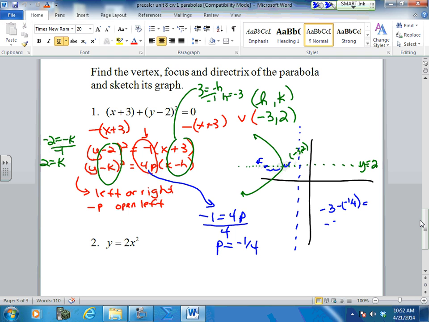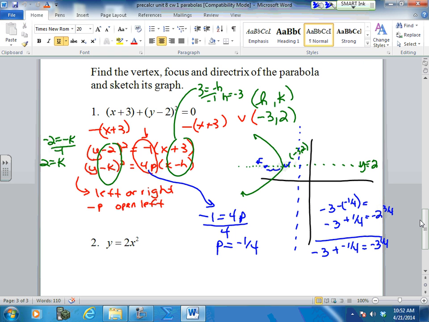This would be negative 3 plus 1/4. Just think about it for a second. Negative 2 3/4. Good. And now I'm going to take negative 3, and I'm going to add negative 1/4 to it. And it would be negative 3 1/4.